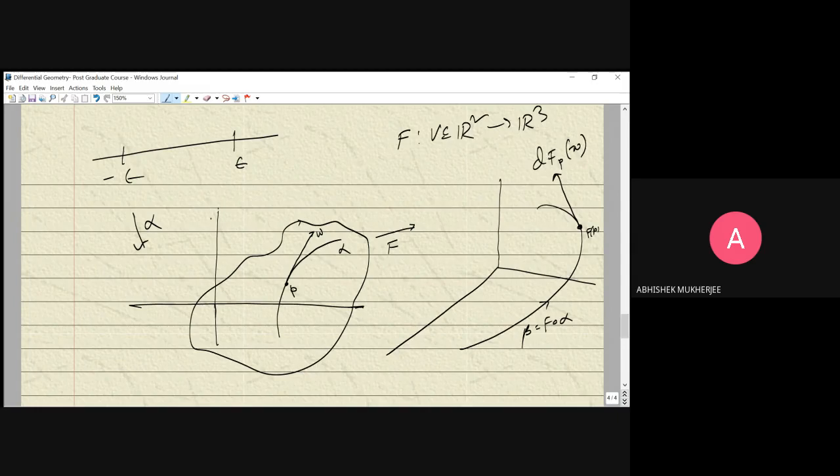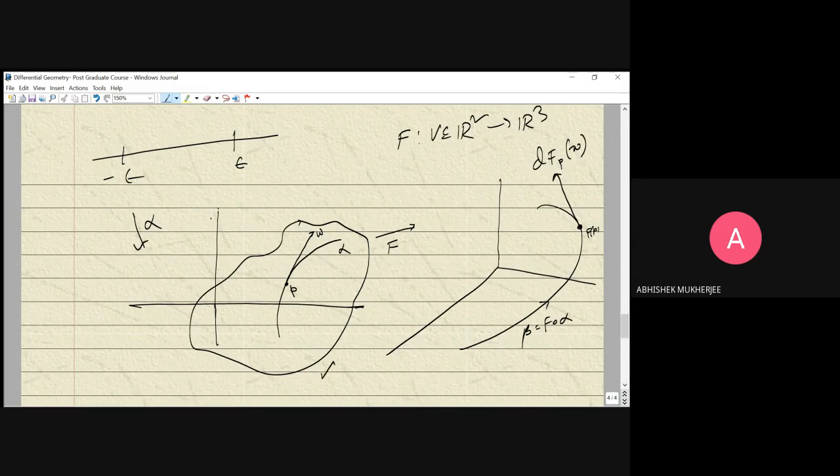So what you are observing is that the tangent vectors of some differentiable curve will move to the tangent vectors of the differentiable curve beta, the image of the curve alpha in V under F, right?